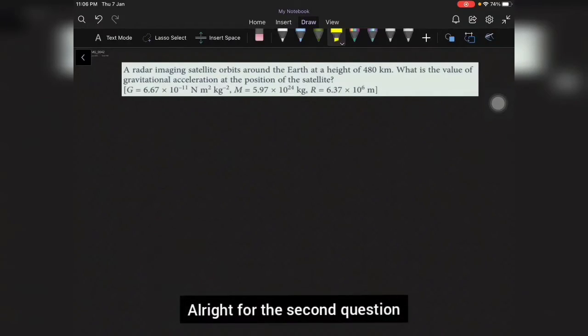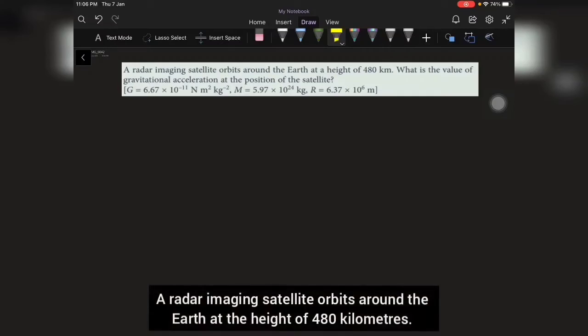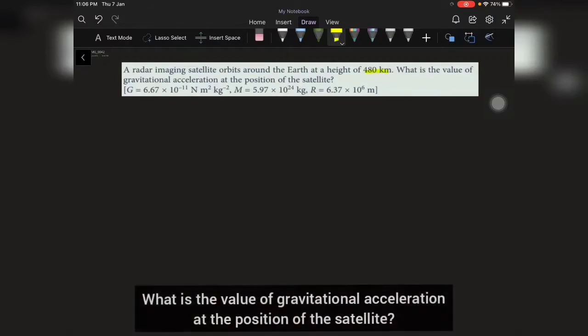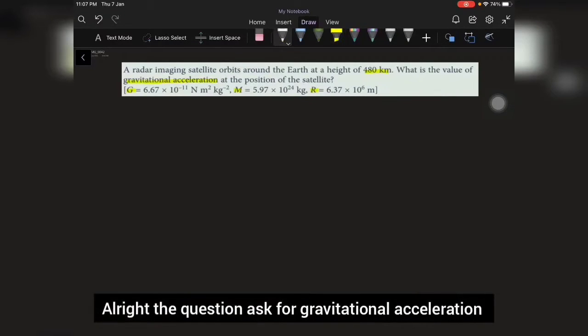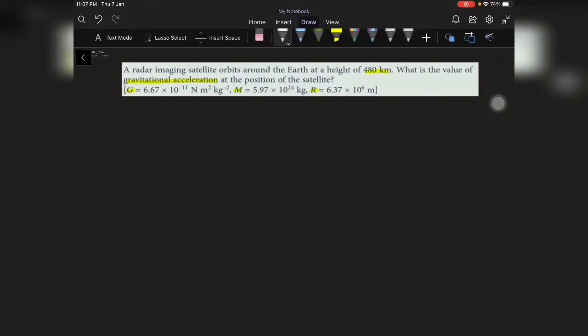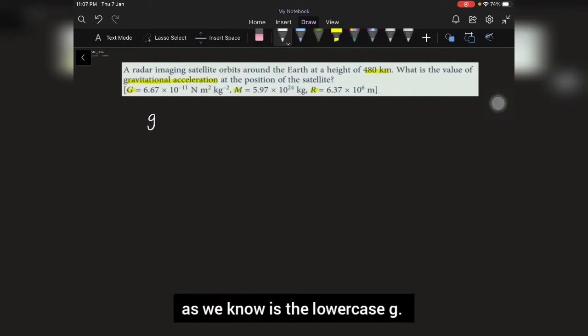Right, for the second question: a radar imaging satellite orbits around the Earth at a height of 480 kilometers. What is the value of gravitational acceleration at the position of the satellite? Given G, M, and R. The question asks for gravitational acceleration, which as we know is the lowercase g.